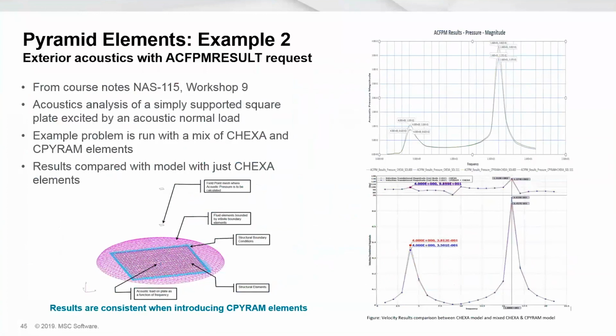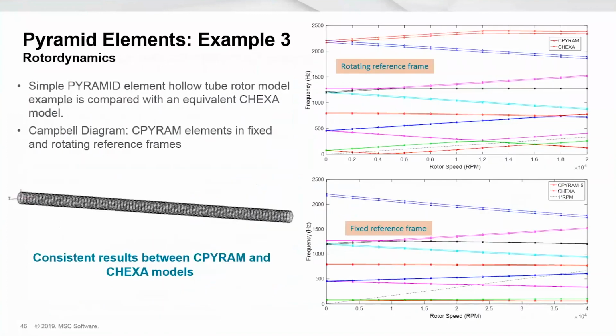In this case, the plate has pyramid elements, and we compare it to our prior example where we did not have any pyramid elements, and once again, we see that the results almost overlap, so we're not really seeing any degradation in accuracy by using pyramid elements.